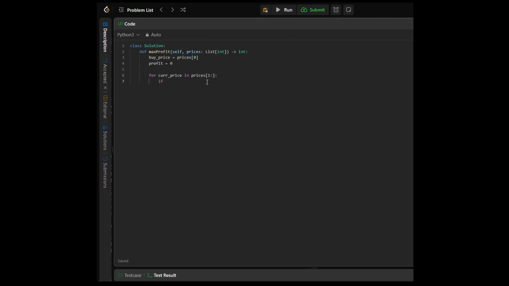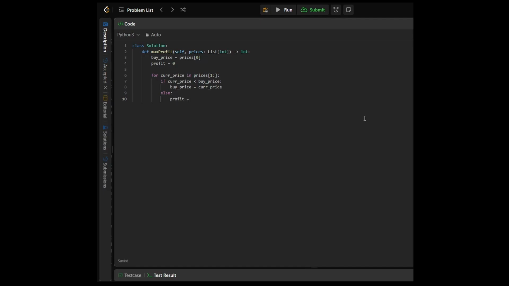So if I got a better deal, the current price is less than the buy price. I got a better deal. I want to change my buy. If I do not get a better deal, let's calculate the profit. What is the profit?